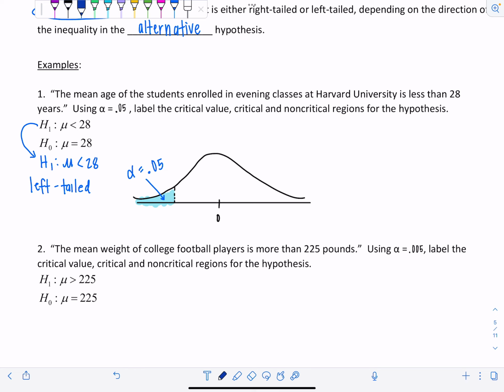That region to the left that contains that 0.05 area, this is right here the critical region. The other portion, all of this, is the non-critical region. Okay, and the critical value is the z value that separates those two regions.